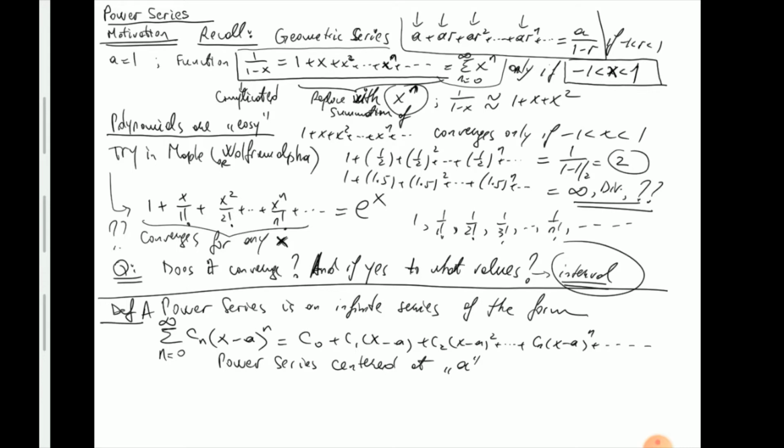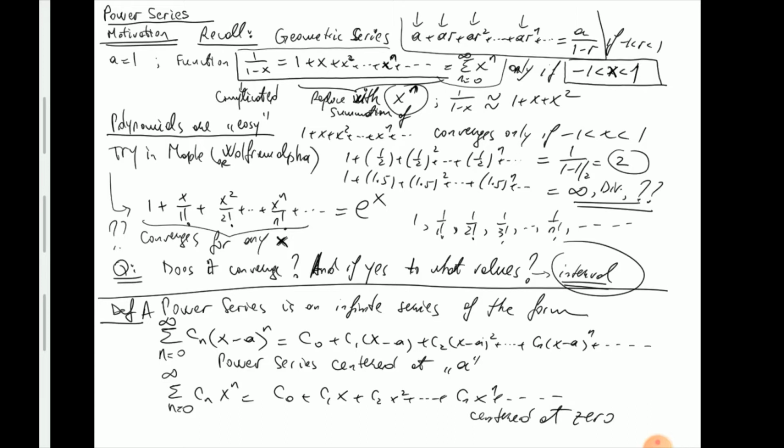As an additional example, which will be dealt with separately in many examples, just as a particular case, if I have summation from 0 to infinity c_n x to the n, so basically the case when a is 0, this is obviously a power series centered at 0.